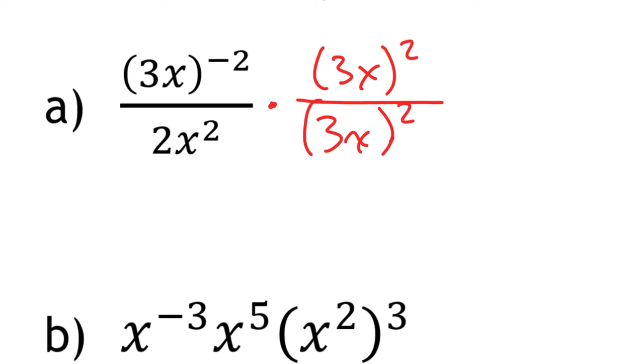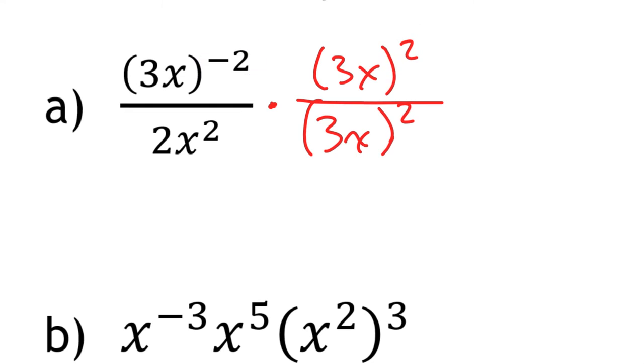Again, the thinking is you're totally allowed to multiply any expression by the number 1, which this is, provided x isn't 0. And because these are opposites, when I combine them, it becomes 3x to the 0 power, which just equals the number 1.